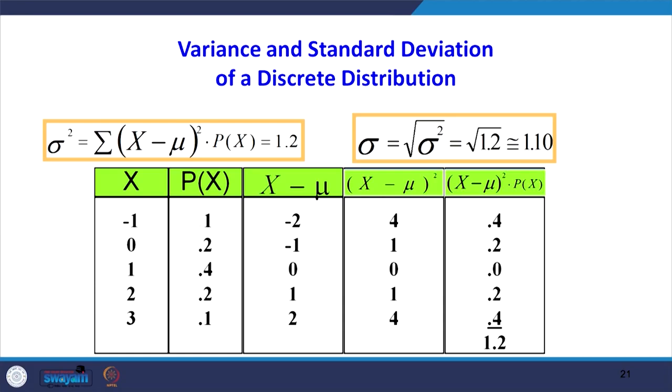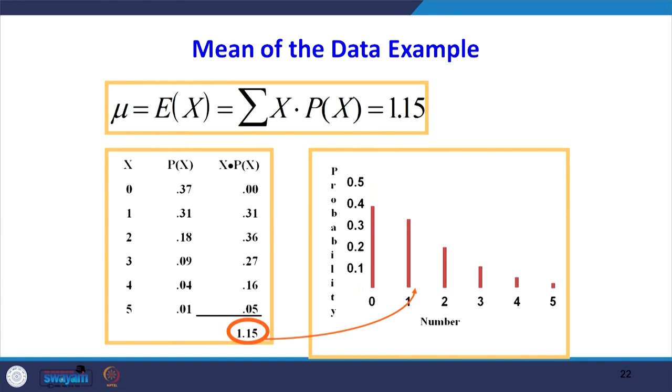So, sigma square is sigma of (x minus mu) whole square into p of x. x is given, p of x is given. First find x minus mu, then (x minus mu) whole square, then multiply this by p of x and sum it, and you get 1.2. So, the variance is 1.2, and when you take the square root, the standard deviation is 1.10.